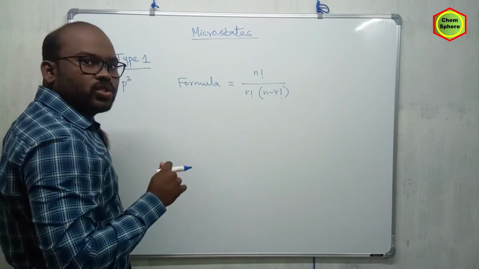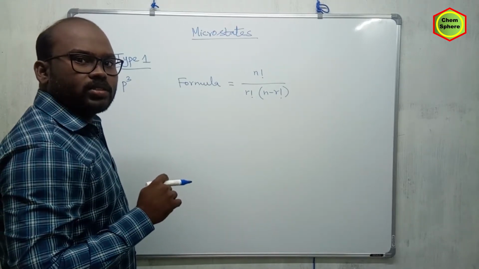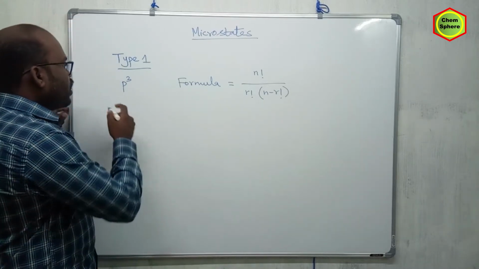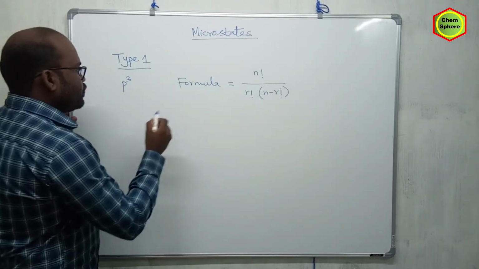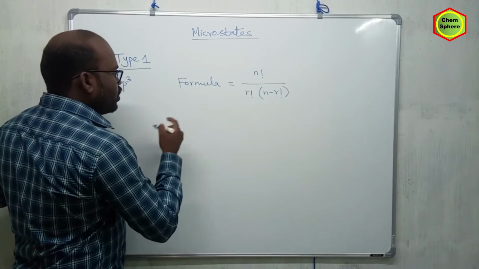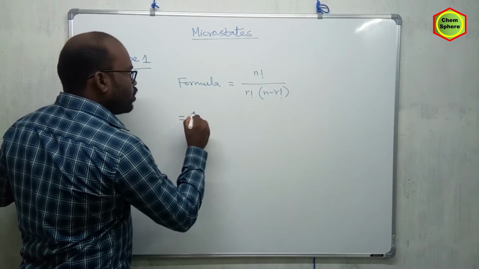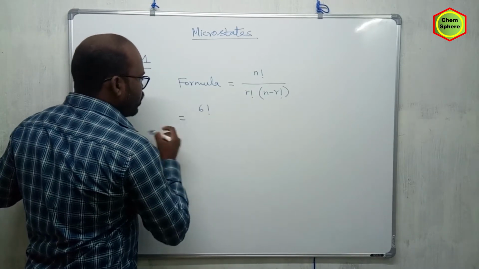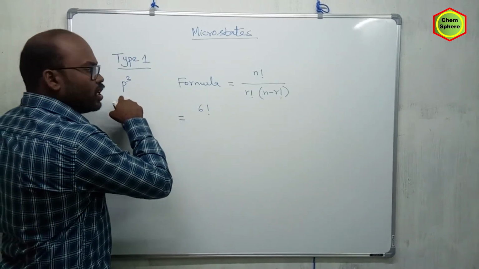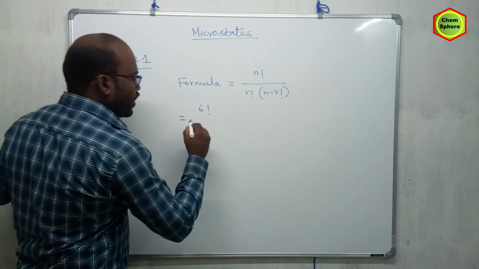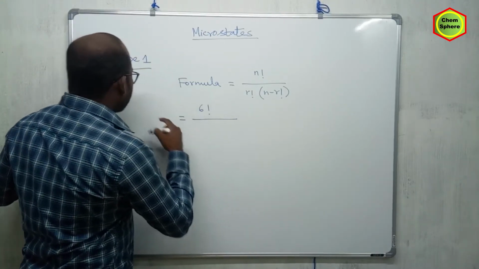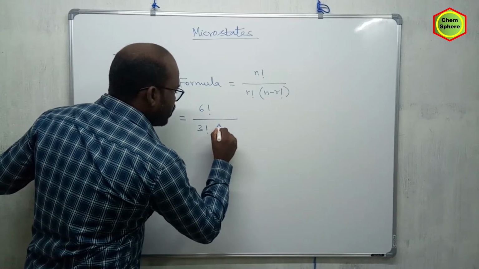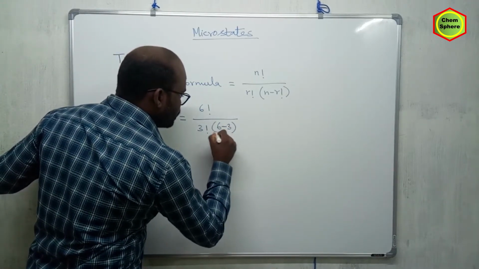Here N is twice the number of orbitals and R is the total number of electrons. Let's take this example. For p3, N is 6 because p orbital will have 3, twice the number of orbitals. 6 factorial divided by R factorial, that is number of electrons, 3 factorial into 6 minus 3 factorial.